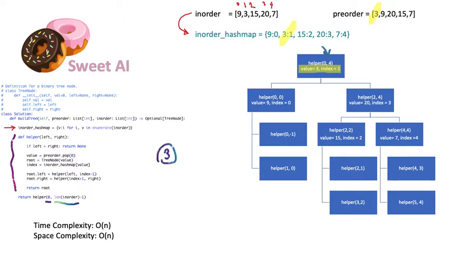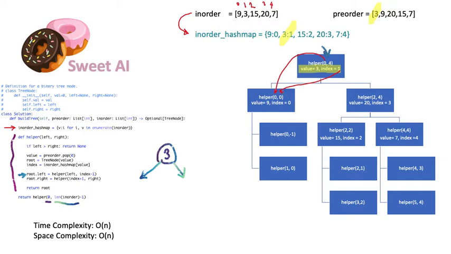Then we need to make the left node and right node of this root node, right? For the left node we are going to call the helper, and this time it's going to be the left index that we had here, and the right index is going to be index minus 1.